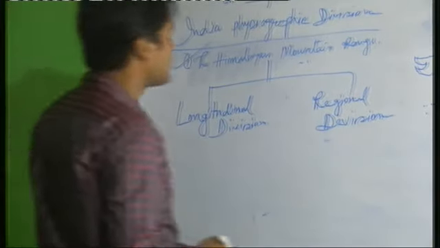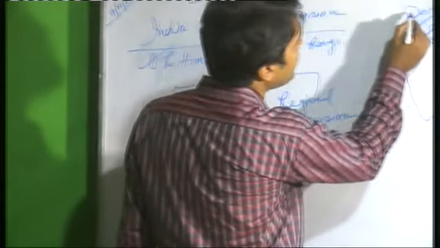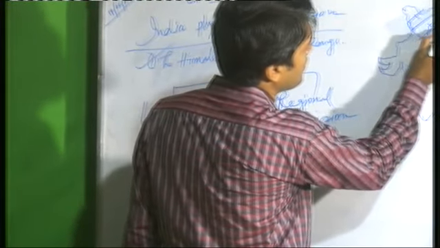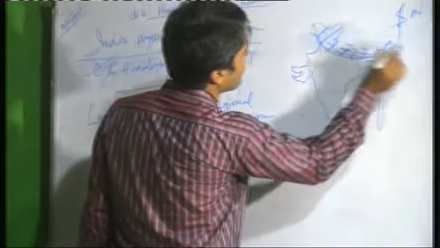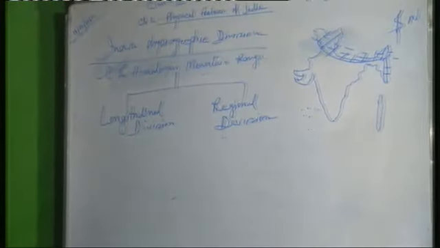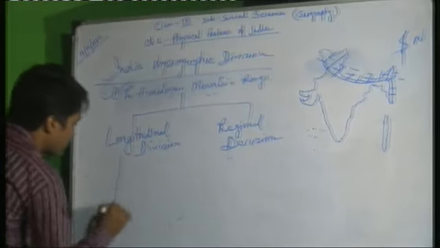Longitudinal division means the Himalayan mountain is divided into three parts from north to south.